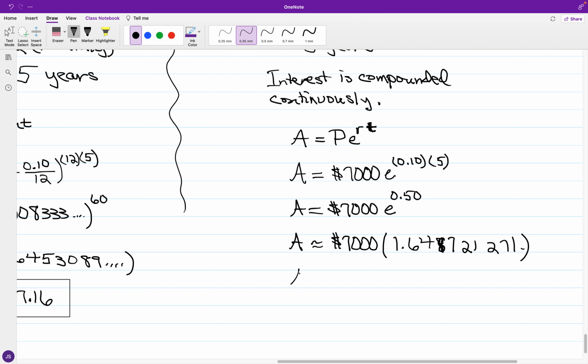Multiplying by $7,000, in this particular case we have right at 11,541.05.